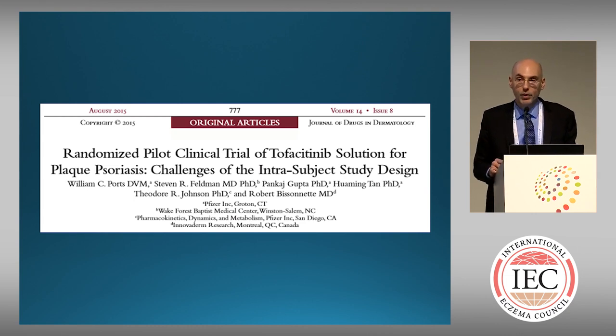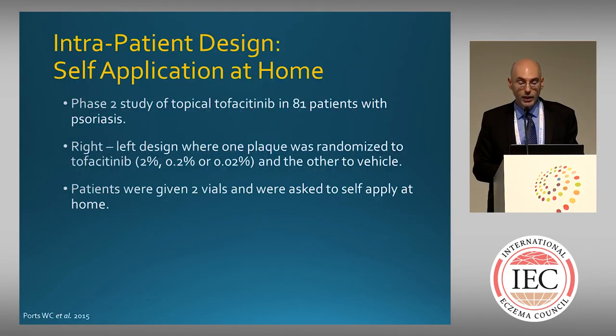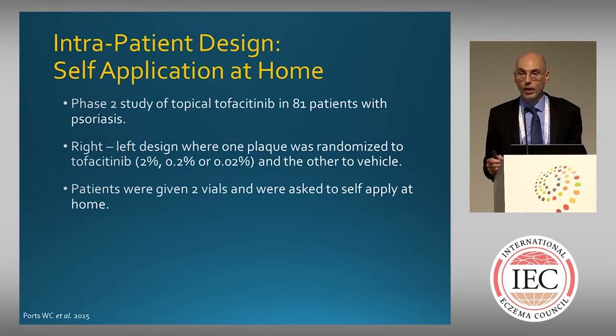So I'll show you an example of what I just mentioned. This is a psoriasis trial in which we participated with Pfizer, topical tofacitinib in psoriasis, that we did a few years ago. The way the trial was conducted, 81 patients total were recruited with at least 2 areas involved with psoriasis, and they were given either tofacitinib at 0.02, 0.2, 2%, or vehicle.